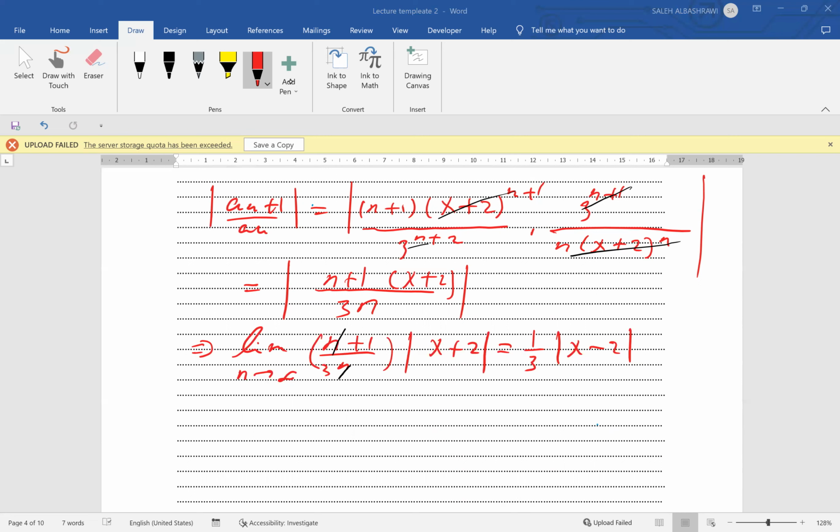Now this one will be convergent if 1/3 times the absolute value of x plus 2 is less than 1, or if you multiply by 3, we can write it as the absolute value of x plus 2 less than 3.